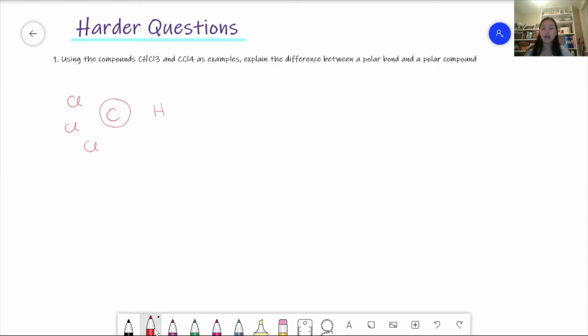And so when we draw it out, it should look like this. And then chlorines. So the chlorines each share an electron, so then they have 6 left in their shells.